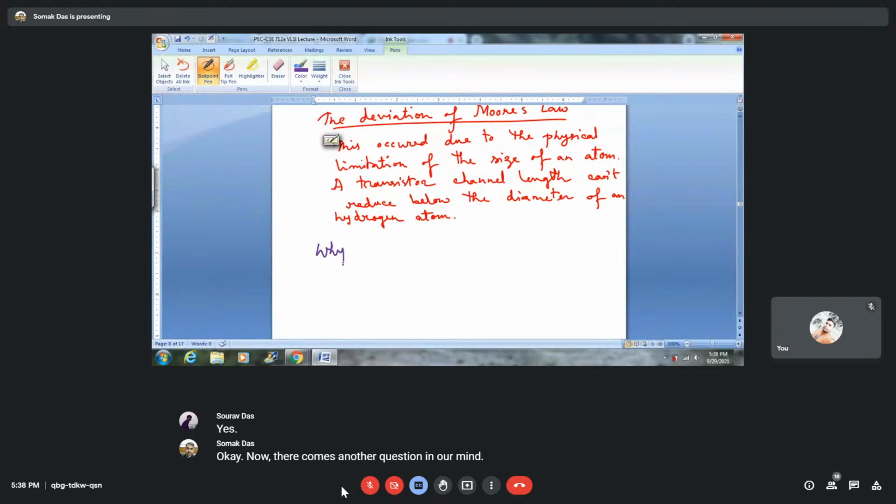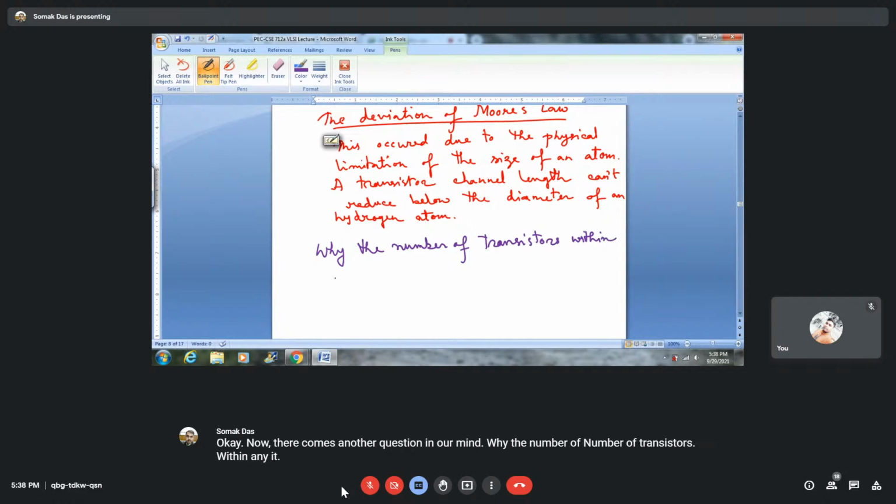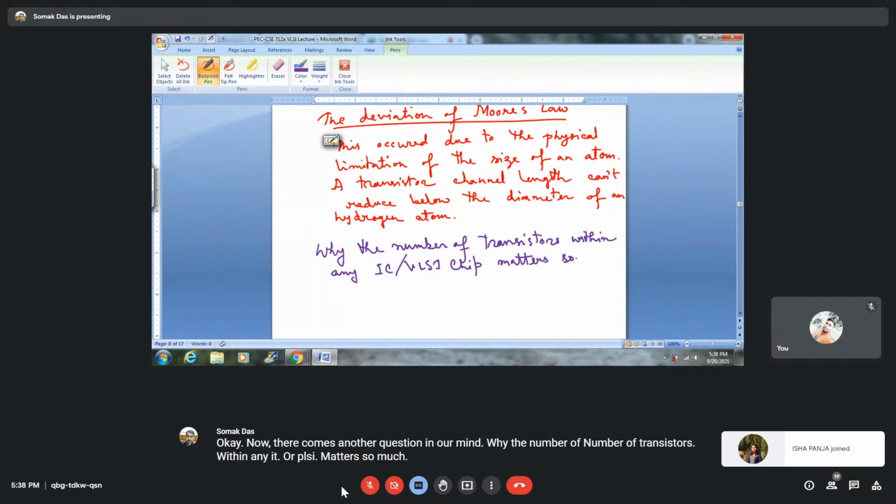Now there comes another question in our mind. Why does the number of transistors within any IC or VLSI chip matter so much?